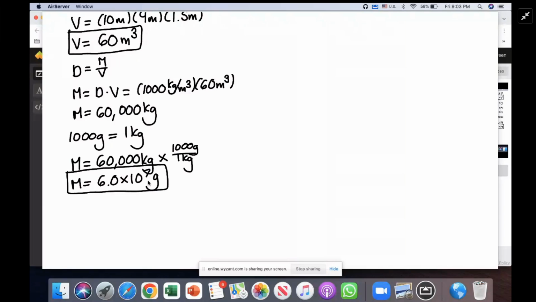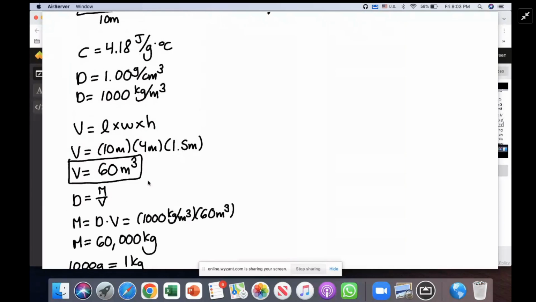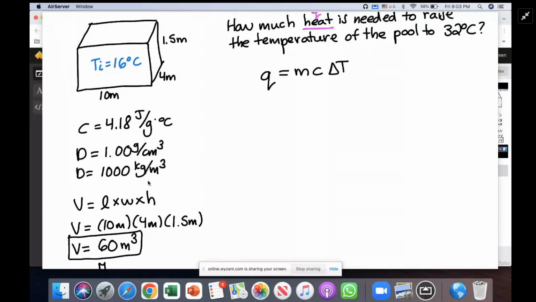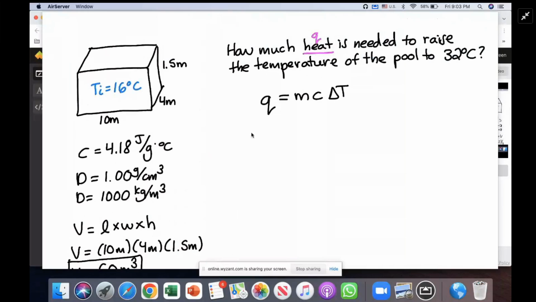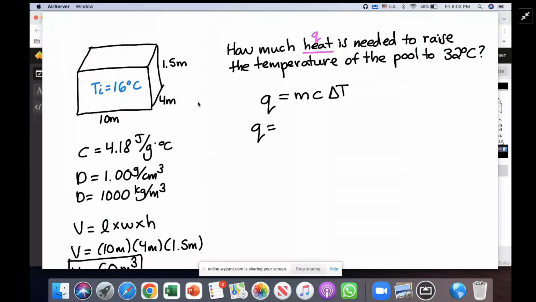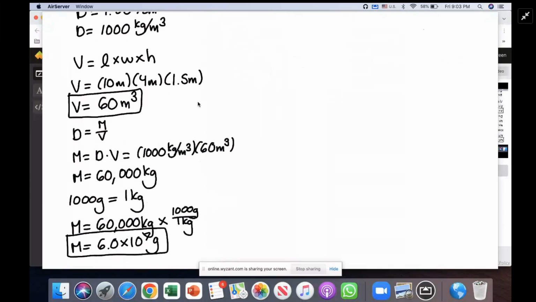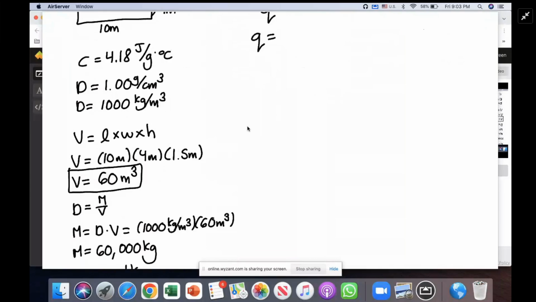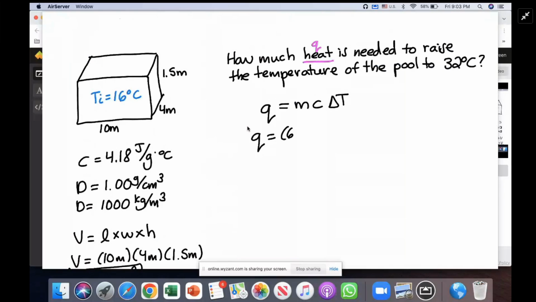Great. So now I have my mass, I have my specific heat, and I have my change in temperature. We are ready to find Q, or the heat. So Q is going to be the mass, which is 6.0 times 10 to the 7th, times the specific heat, 4.18, times the change in temperature.